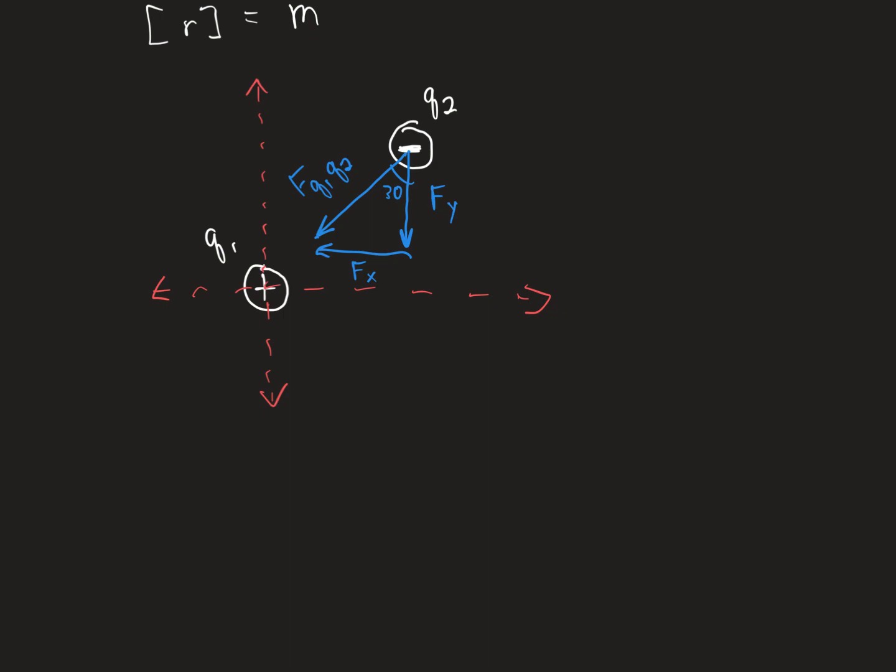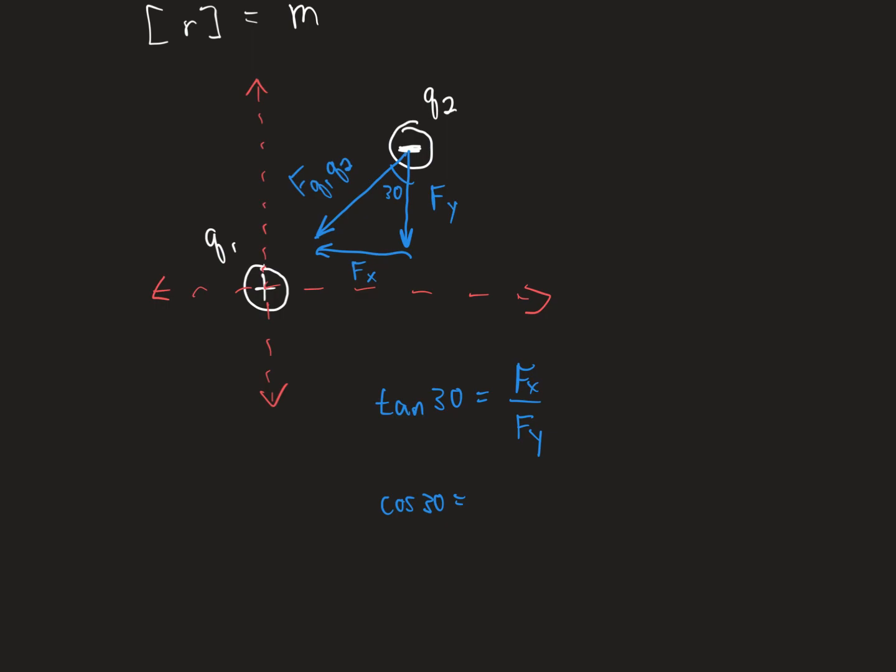Okay. So if I wanted to calculate these things, I could use all sorts of trigonometry. Let's see, if I wrote the tangent of 30 in this triangle that I've drawn, what would the tangent of 30 be? What's the opposite side? Fx. What's the adjacent side? Fy. If I did cosine of 30 in this particular triangle, what would that be?